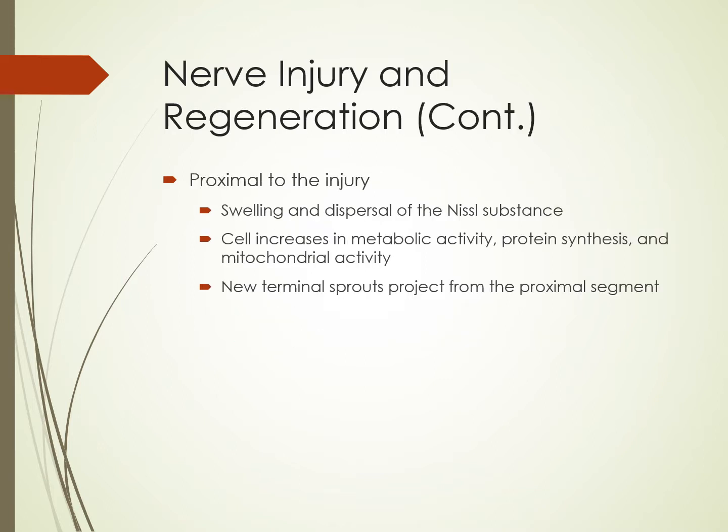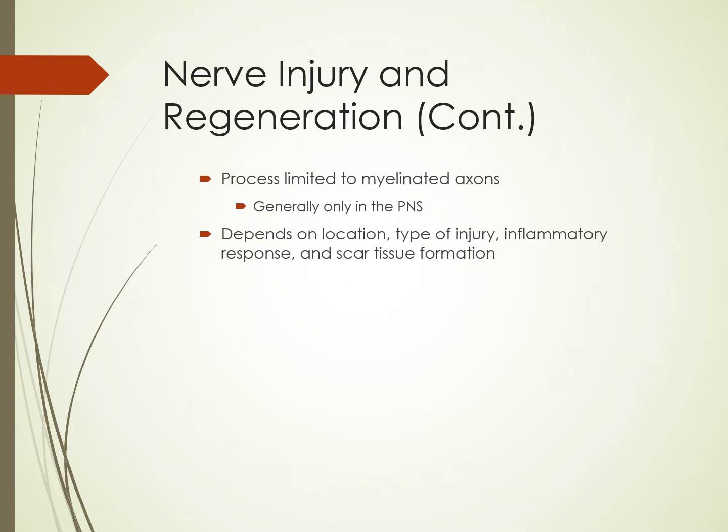Proximal to the injury, swelling and dispersal of the Nissl substance, cell increases in metabolic activity, protein synthesis and mitochondrial activity. New terminal sprouts project from the proximal segment. The process is limited to myelinated axons, generally only in the peripheral nervous system, and it depends on the location, type of injury, inflammatory response, and scar tissue formation.